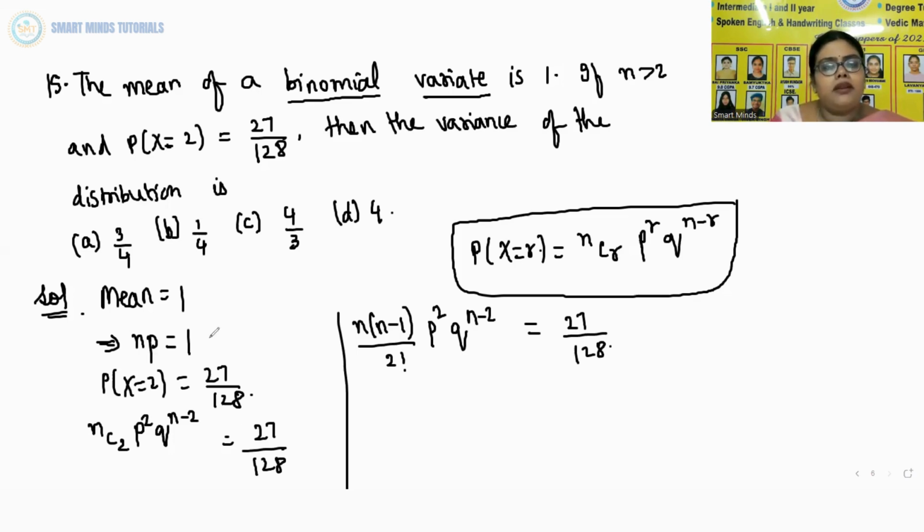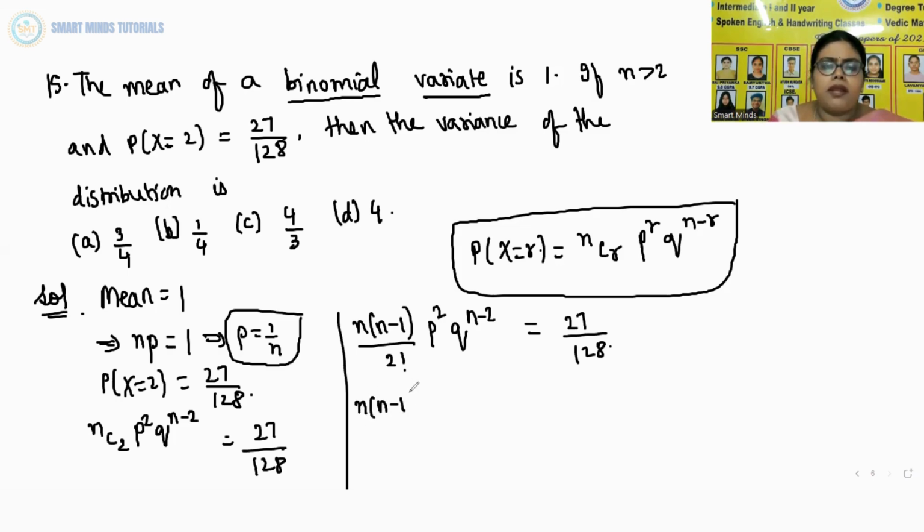Now from here NP is equal to 1 we got from the second step. Can I write P is equal to 1 by n? Because here we have three unknown parameters P, Q and n. What I'm trying is I'm trying to convert P and Q to n so that we can find out n value and then we will substitute in P and Q.